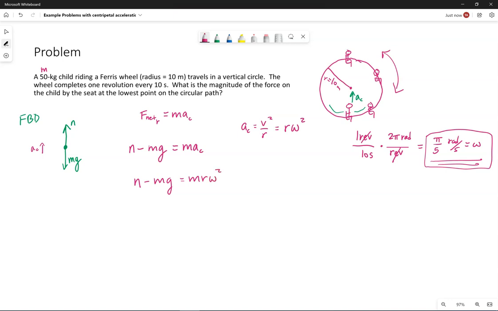We know the mass of the child. We know the radius. They're asking us for this normal force. And so we can plug that in. I'm going to factor the mass out just for simplicity of plugging things in.